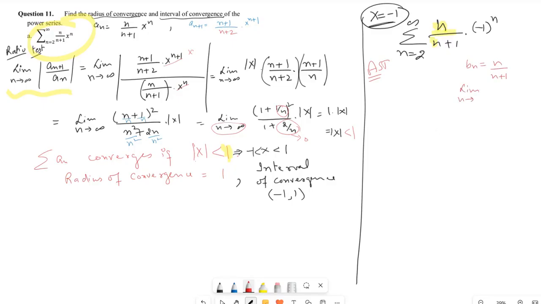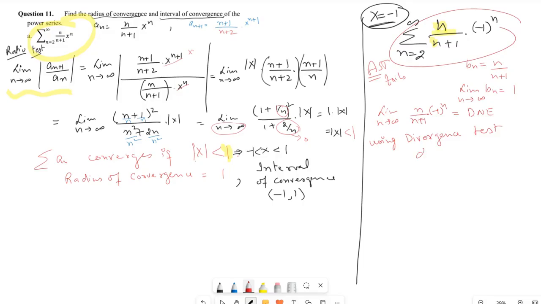The limit of b_n comes out as 1, if you divide by n everywhere. That means the AST test fails. But the limit as n approaches infinity of n by n plus 1 times (-1)^n also does not exist. Therefore, using the divergence test, this series diverges. So -1 is not included.